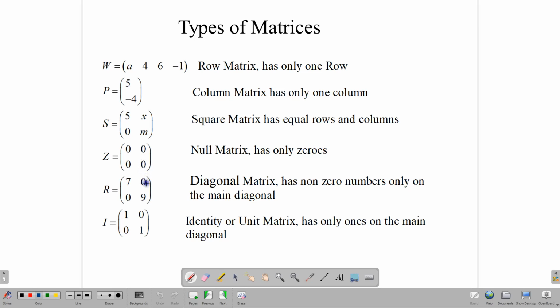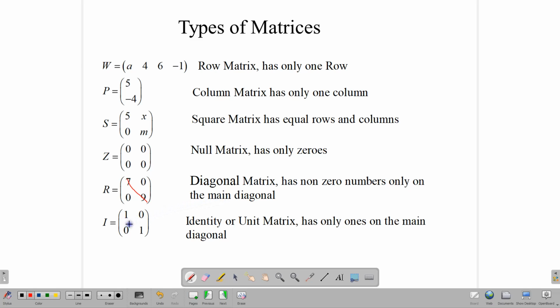Now, a diagonal matrix needs to be square, because the idea of a diagonal is that it's drawn from one end to another of, for example, a rectangle or a square. And so this line represents the diagonal, and the diagonal has non-zero numbers while the other entries are zeros. So this is called a diagonal matrix for that reason.